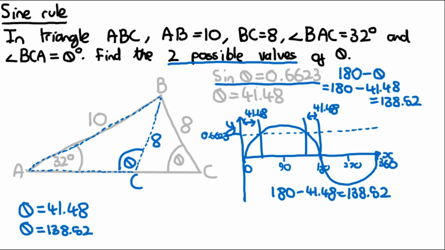For example, the grey bit, they will show you that theta is acute, and therefore you don't need to worry about the obtuse value, because you clearly know that it's acute. But if the question says anything about it being an obtuse angle, or if it's a question like this where it says there are multiple possible values of theta, that is a really good indication that you need to be thinking about this special circumstance.